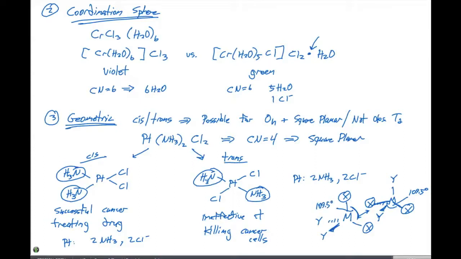So all we're doing is rotating this molecule, and it's the exact same thing, just rotated differently in space. Whereas in the cis and trans platinum complexes, we have an ammonia-ammonia angle of 180 degrees in the trans complex, while in the cis complex we form a right angle of 90 degrees.